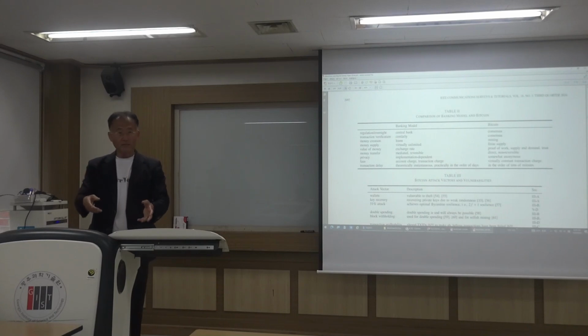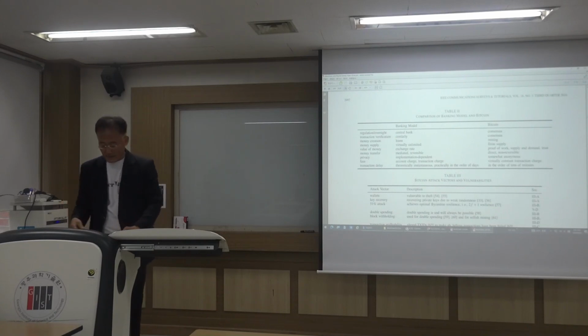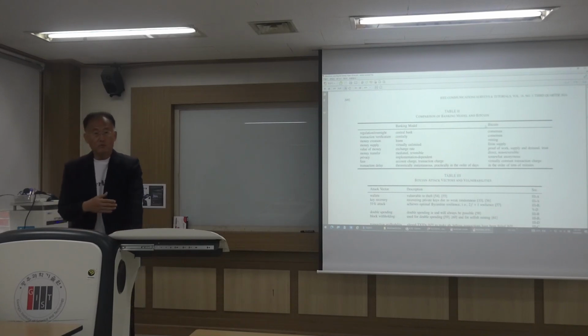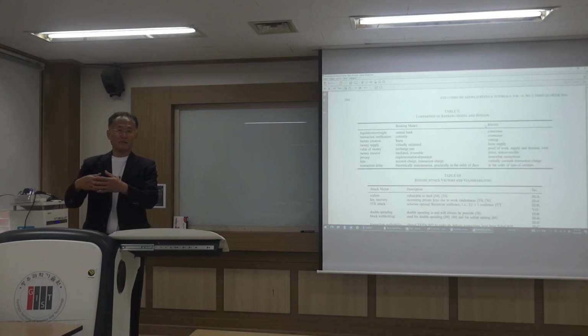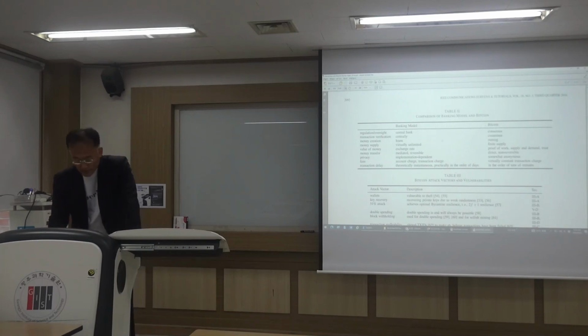Somebody makes a deposit, they have to keep the balance. But in Bitcoin, you don't have to do that, because there is a consensus algorithm. It can check the double spending problem, right? So the bank is centralized, and Bitcoin is distributed consensus.